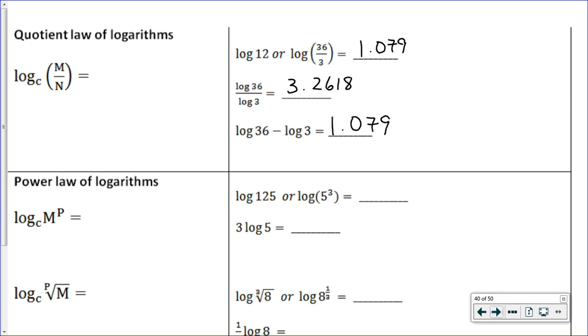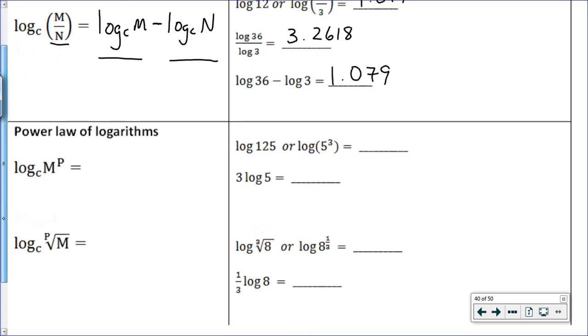So we can see that when I'm dividing m by n for this log, base c, I can represent it as two separate logs, log base c of m minus log base c of n. Again, similar to our exponent law, in which when we divide two powers, we subtract the exponents. And remember, I've been saying that a logarithm is an exponent. So there we subtract them.